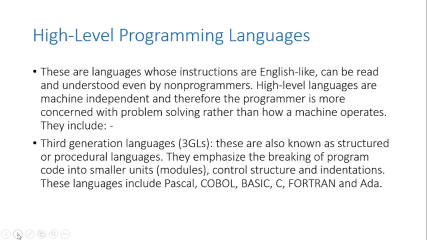They include the third generation languages, also known as structured or procedural languages. They emphasize the breaking of a program into smaller units, and include Pascal, COBOL, BASIC, C, Fortran, and ADA.